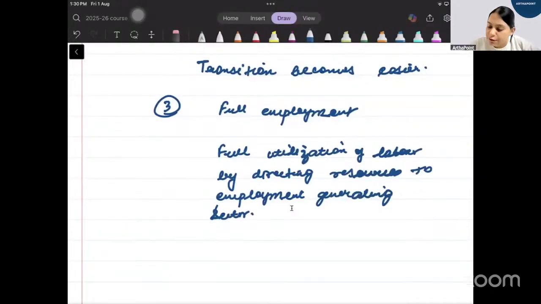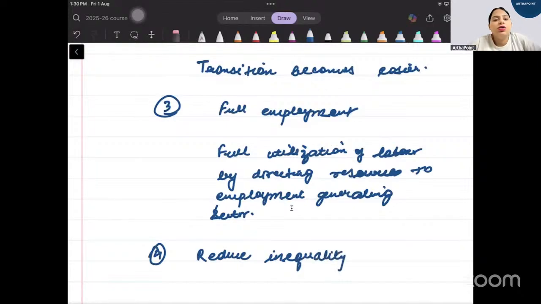Fourth, reduce inequality and inequity. You can ensure that now, because everything is under the government, you have a better picture in place where there is more equality among people, where income is distributed in a better way, where wealth is distributed in a better way. And whenever there is inequality, right, there can be state intervention, right?